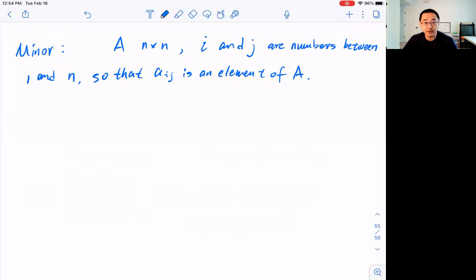So if you have A of 2 and 3, that means it's the element on the second row and the third column.